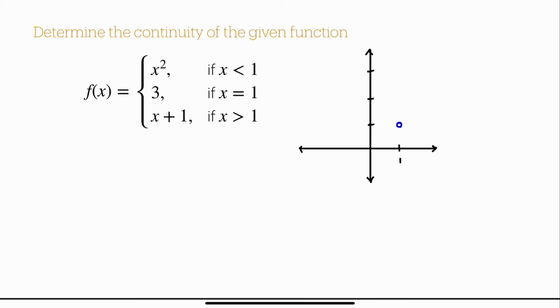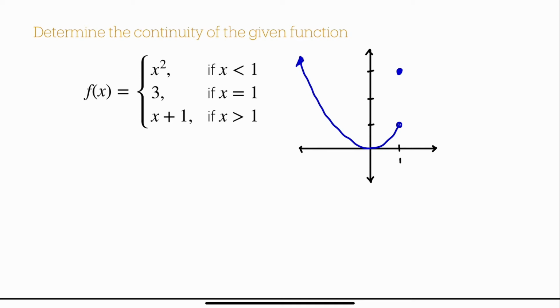So this parabola is facing upward, but only up to that point. And then f of x equals 3. So if x is equal to 1, y rather is equal to 3. So it is a point here.